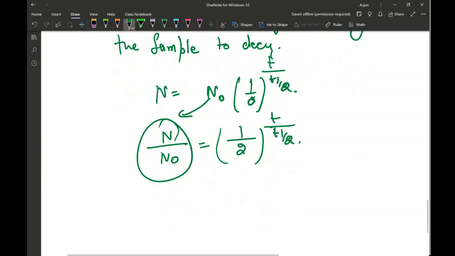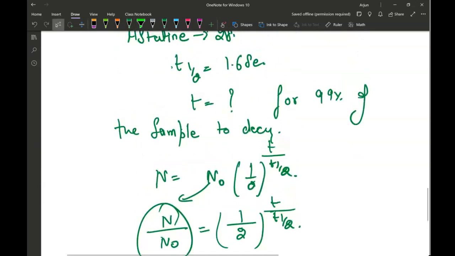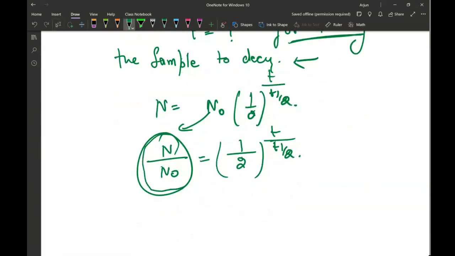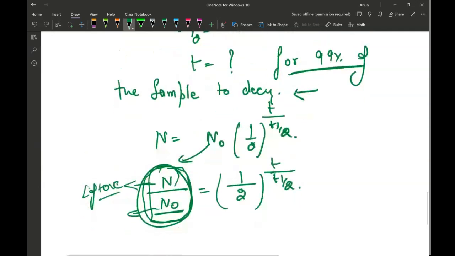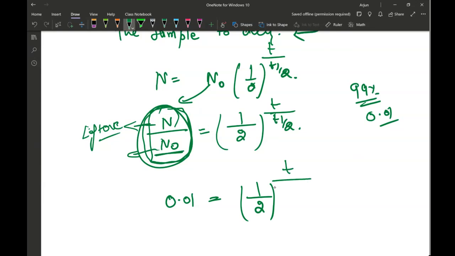Leftover is how much? 99% is decay, so leftover will be only 1%, because this is leftover quantity out of total quantity. So that's going to become 0.01. 99% will decay, so leftover is 0.01 out of 100%, equal to 1 over 2 to the power t upon half-life given to us, which is 1.6.